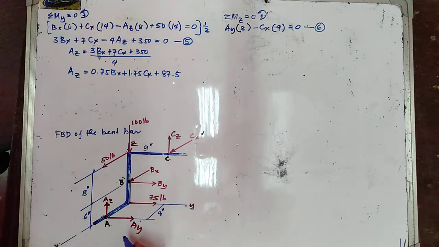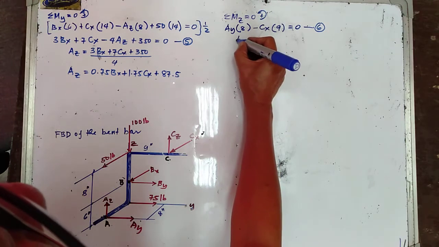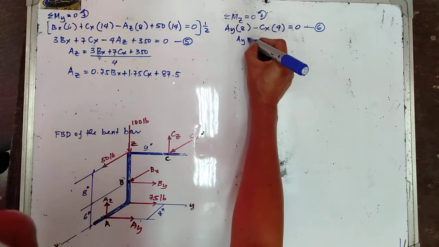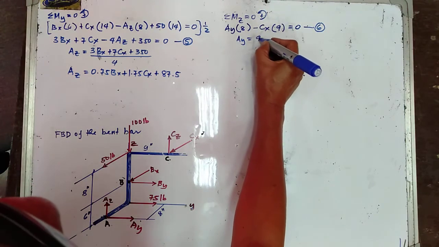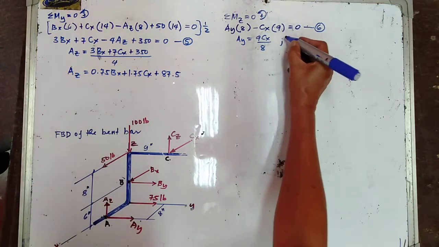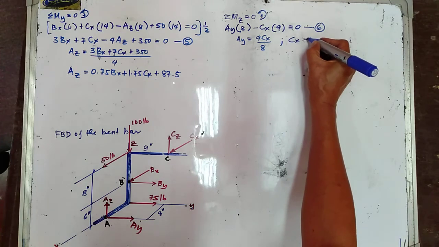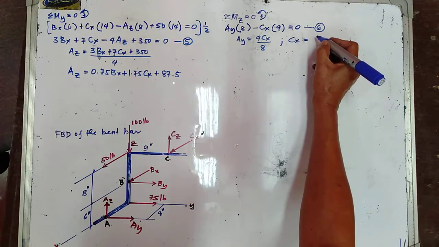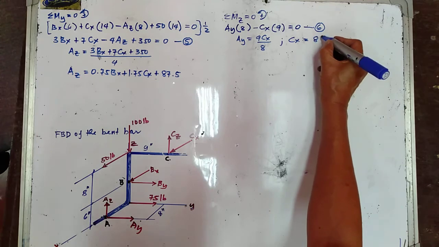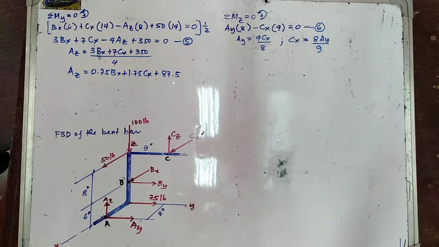So from equation number 6, your AY is equal to 9CX all over 8, or your CX is equal to 8 AY all over 9.